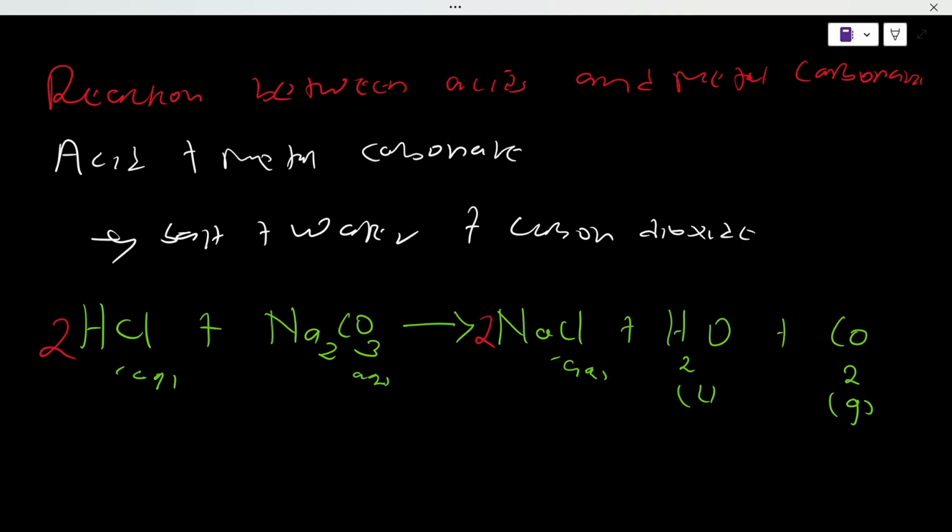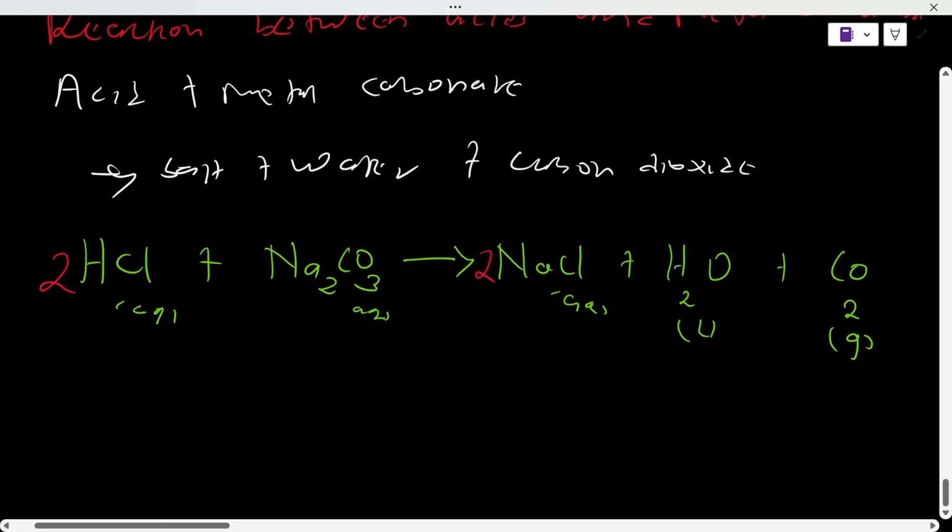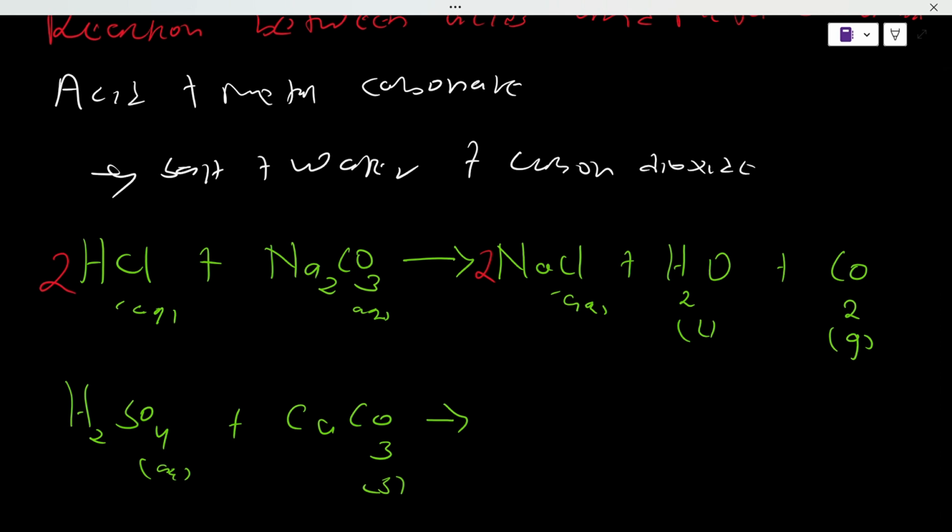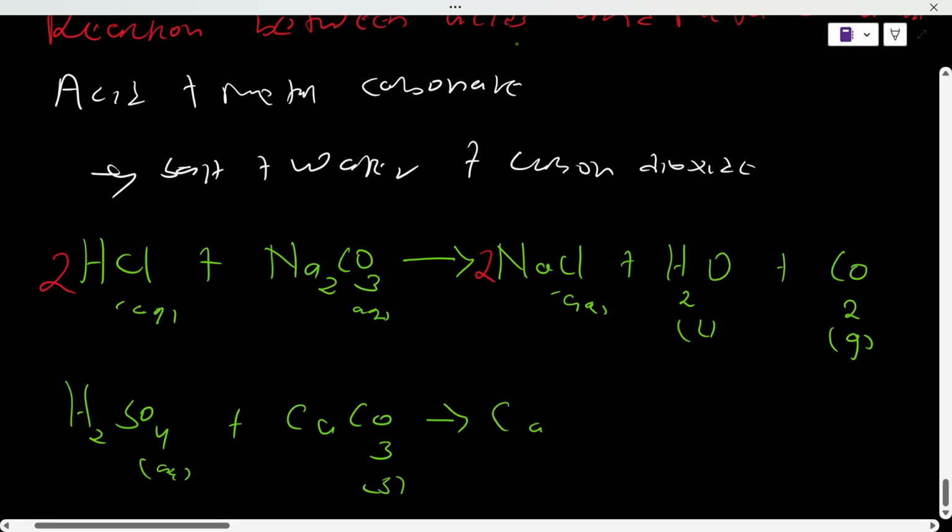Now next, it's going to be a carbonate of calcium, which is a group 2, reacting with sulfuric acid. So I'm going to have H2SO4 aqueous plus calcium carbonate, which is a solid. So what do we do here? We are going to form calcium sulfate, CaSO4, plus water plus CO2.